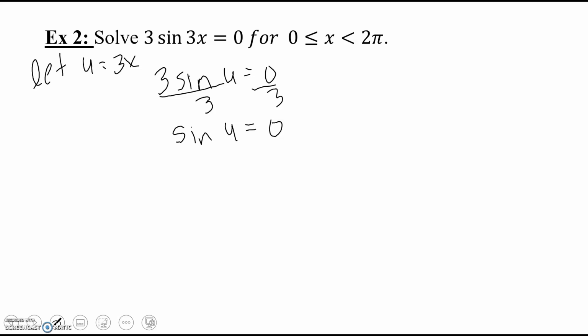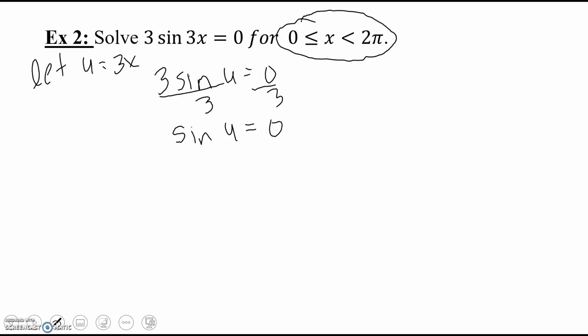Oh, and one thing before I do that: because u is equal to 3x, I need to figure out what interval 3x would be in. If it was just x, that would be within one rotation.